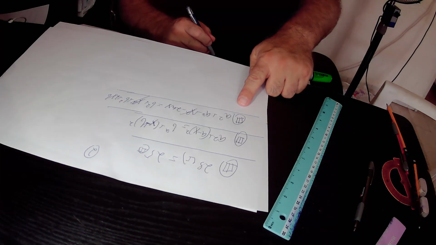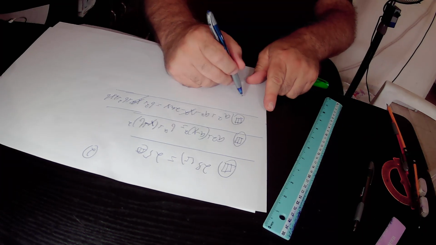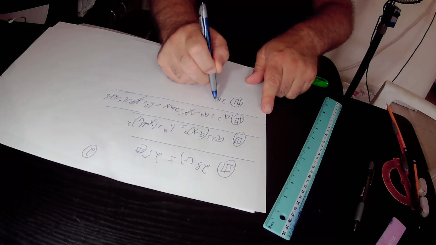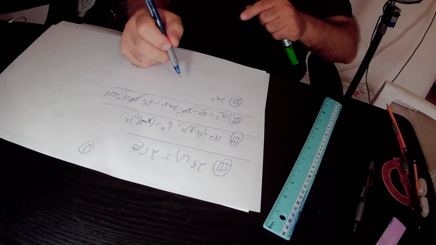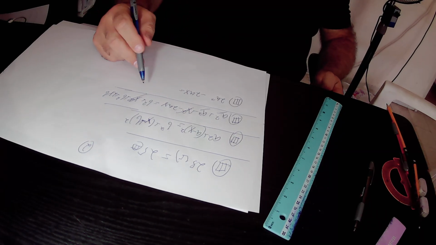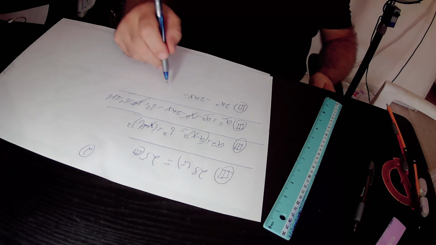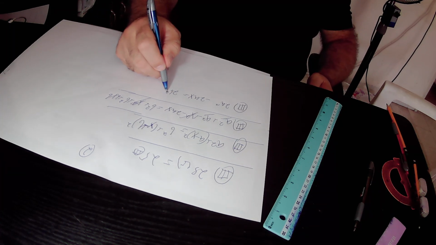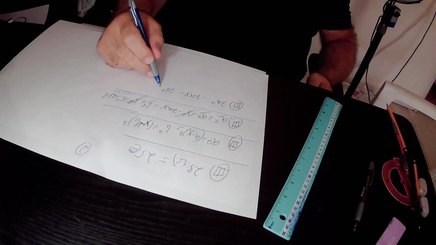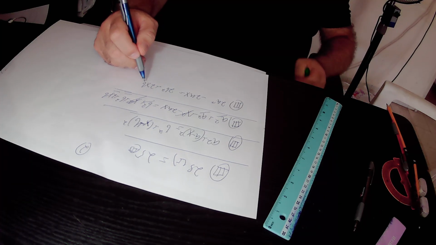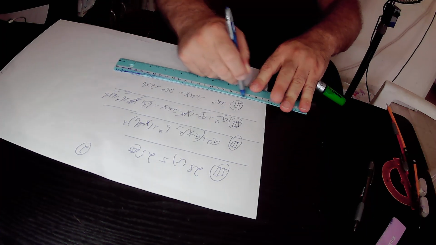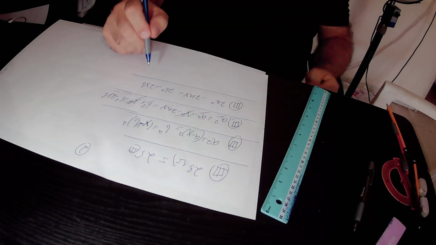On this side we have A squared plus A squared, that is 2A squared, minus 2AX, equals, on the other side, B squared plus B squared, that is 2B squared, plus 2XB. So in total, according to equation 3, 2A squared minus 2AX equals 2B squared plus 2XB.